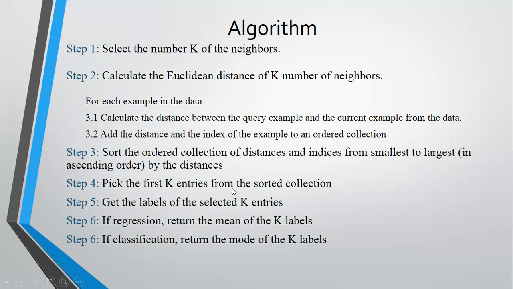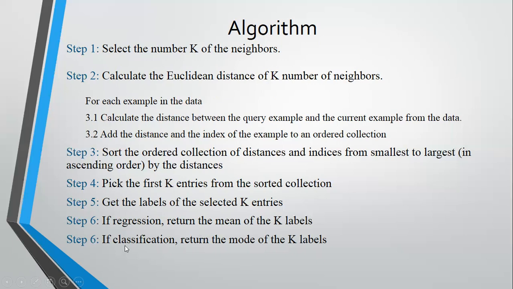These are the data values we use to find the class for the unknown label data. Then get the labels of the selected K entries. If it is regression, that is, you have continuous data, then you find the mean of the K entries. That will be your output.